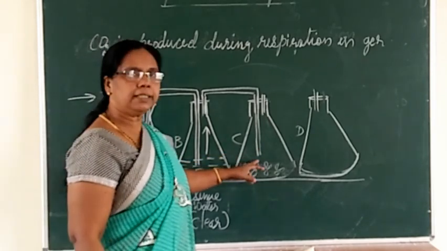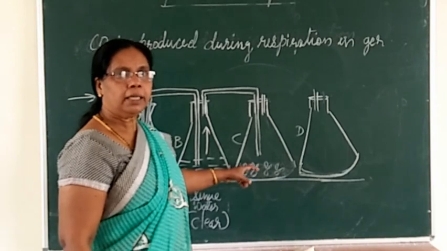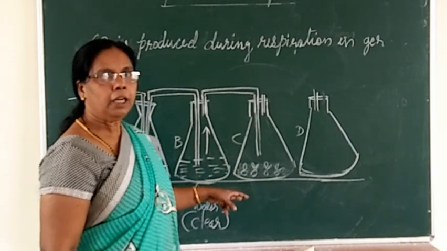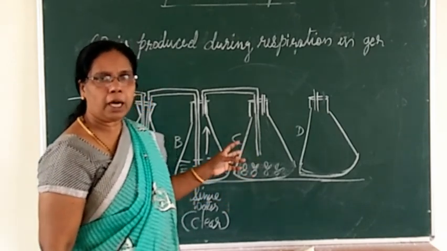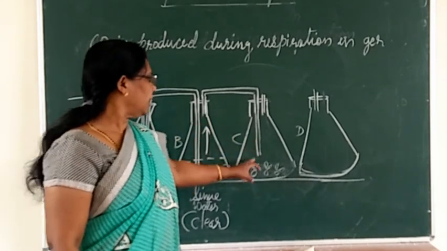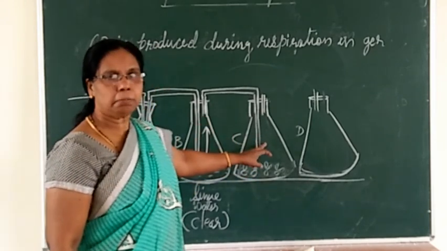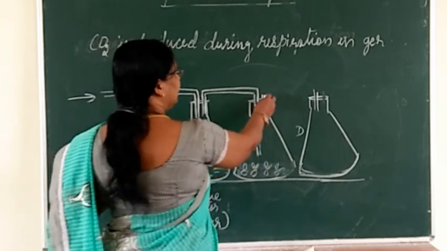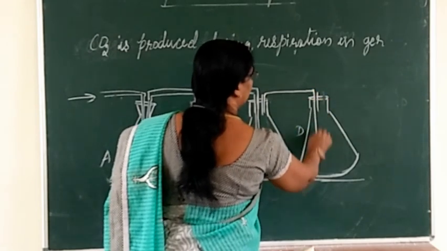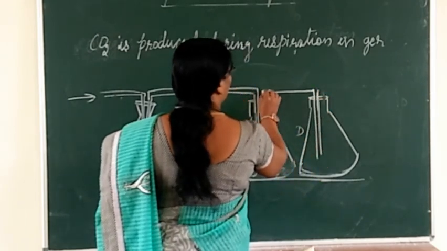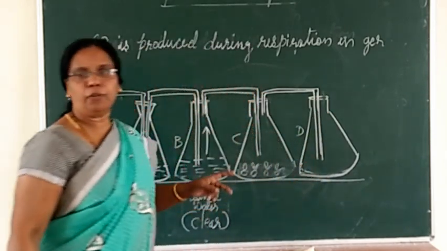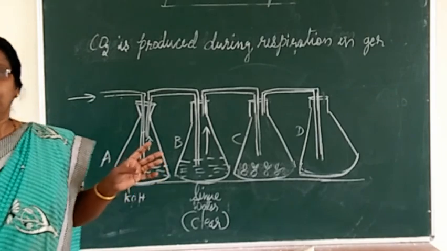The germinating seeds, as you know, will be respiring, and carbon dioxide gas will automatically be produced. Glucose is broken down during respiration, and carbon dioxide gas is produced. It is connected to the fourth one, that is D. In the fourth conical flask, what are we keeping? Lime water.